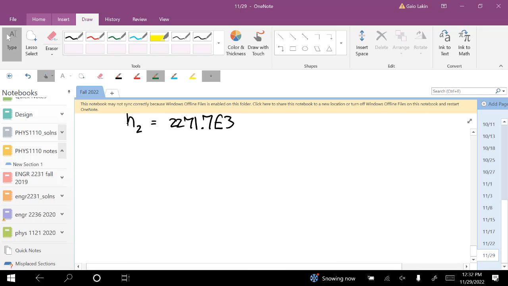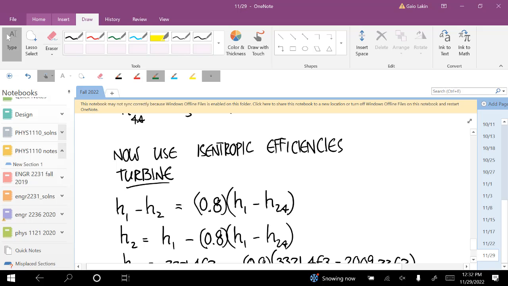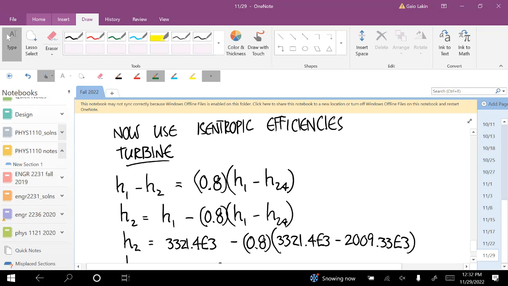Okay, now we'll do it for the pump. This time, like I tried to stress before we started this problem, we have the isentropic efficiency multiplied by the true values instead of the ideal values.